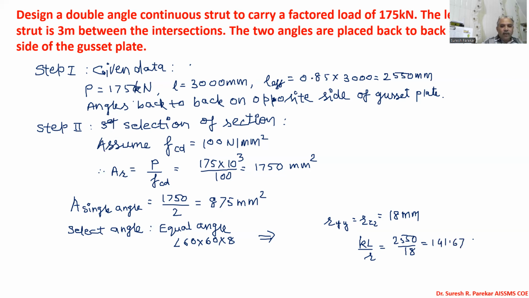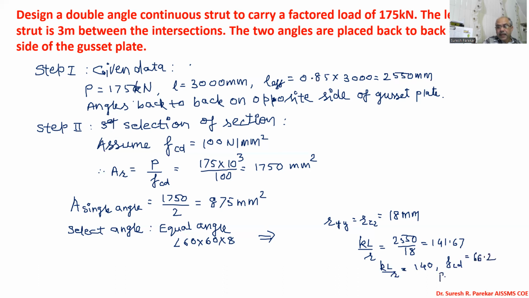Now, because we have this as a built up section, I will go to table 9C. For 140, KL by R, the value of FCD is 66.2.